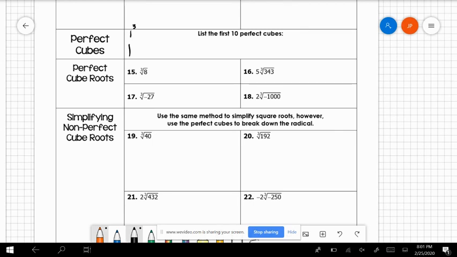1 cubed, gives me 1. 2 times 2 times 2 gives me 8. So let me write out those for you, and I want you to copy them down.